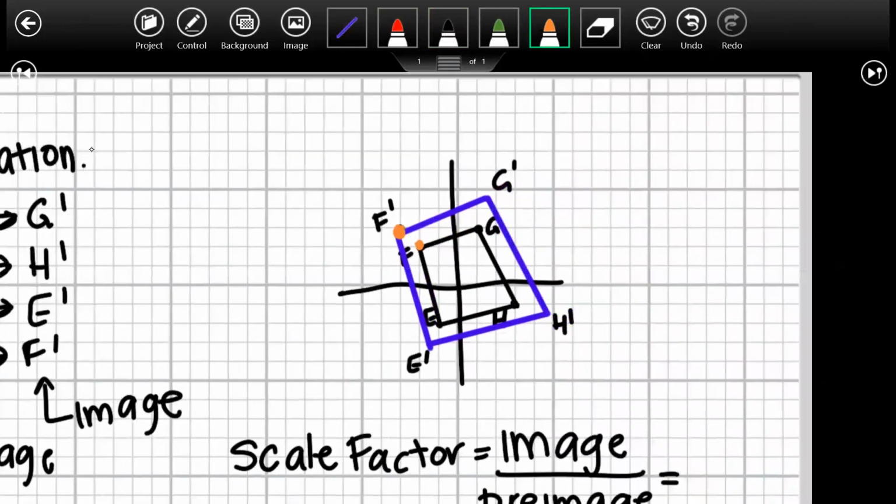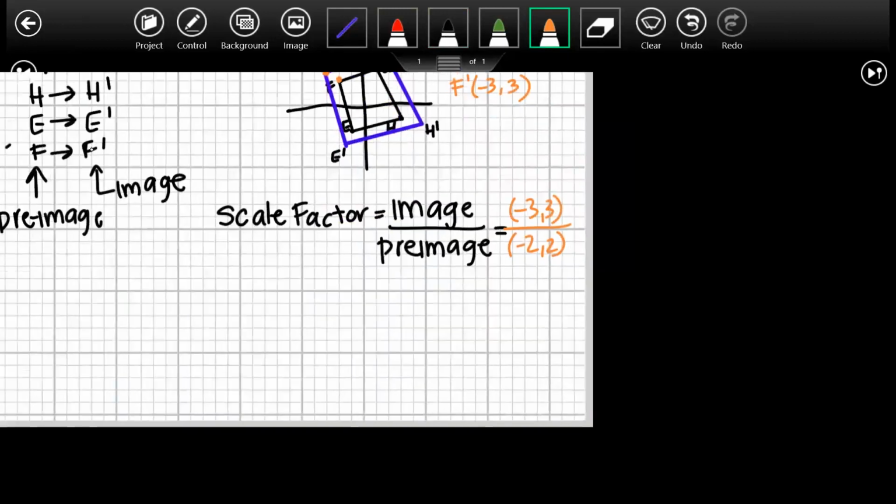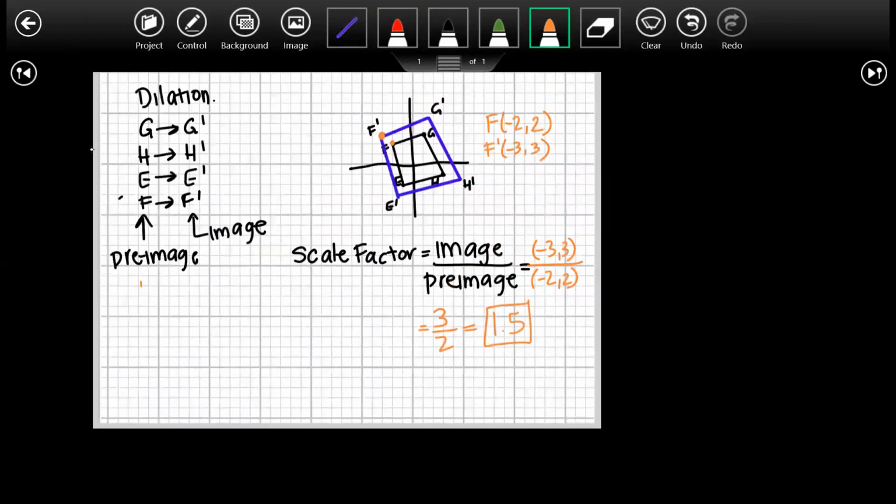So F is going to be at -2, 2. And F prime, which is the image, will be at -3, 3. The image over the pre-image would be -3 over 3, -2 over 2. If you choose any of those fractions, 3 over 2 is going to go down to 1.5. It's an enlargement by 1.5.